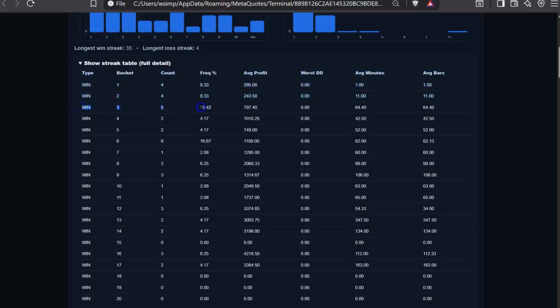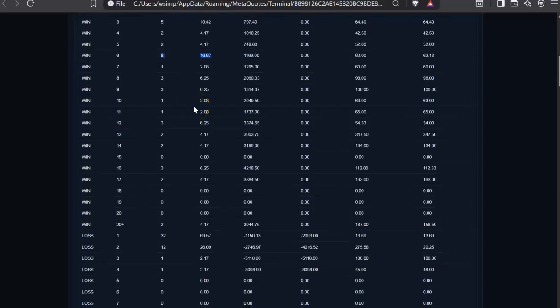So if you want to take a bit more risk, you can select 6, just going off the data, or you could select 3. Now yours may show different than mine, but just look for the highest frequency of the win streaks and then choose which one you are comfortable with.